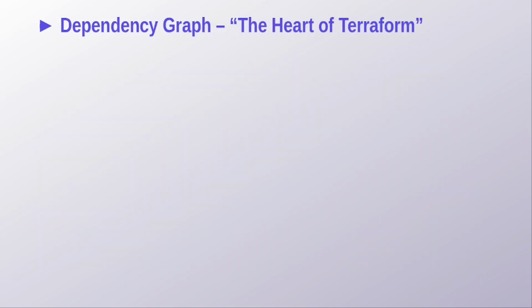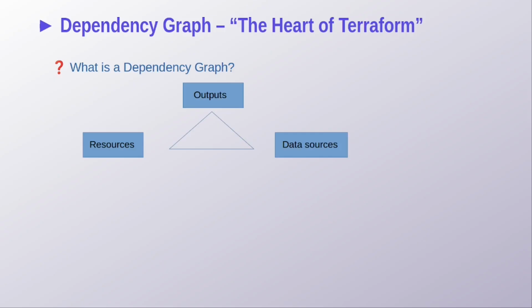Dependency graph. This is the most important part of this module. This is the most important part of the lesson. What is the dependency graph? It is a graph that shows relationships between resources, data sources, and outputs.